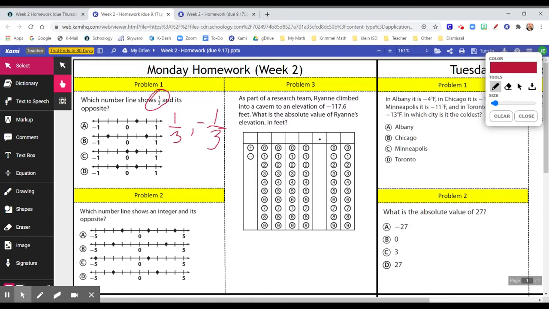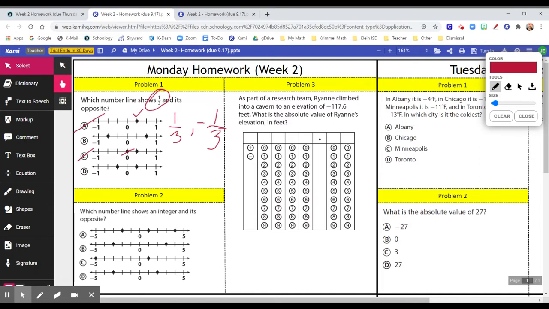Okay, so we take a look at answer choice A. We see positive 1/3, but we don't see negative 1/3. So we know it's not that one. And if we go down to answer choice C, we see some value at 0. 0 is not the opposite of 1/3. So because of that, we can eliminate it. And then we got to look at B and D.